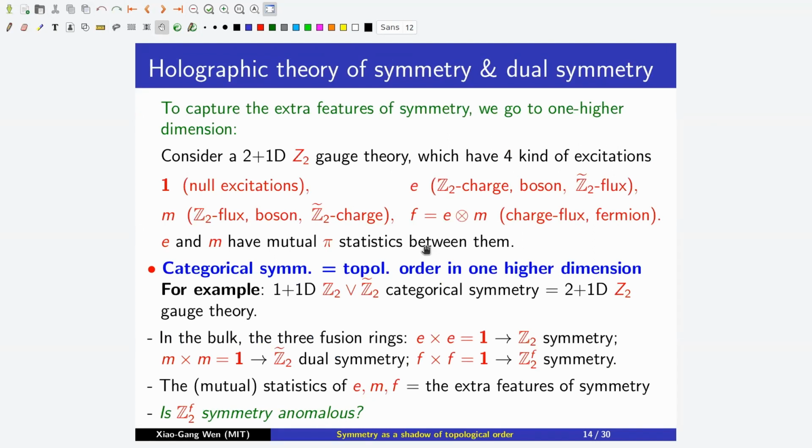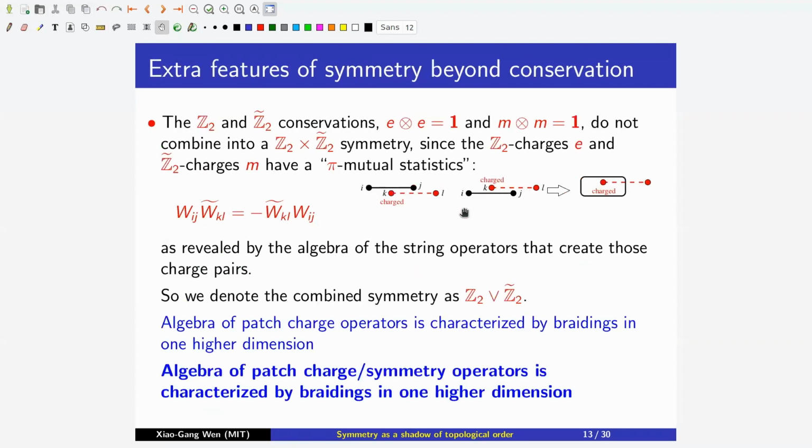So far our discussion has been limited to one dimension. But somehow we view this order of operators as the time direction, and we try to go to one higher dimension.